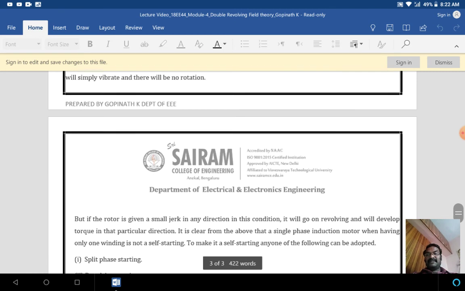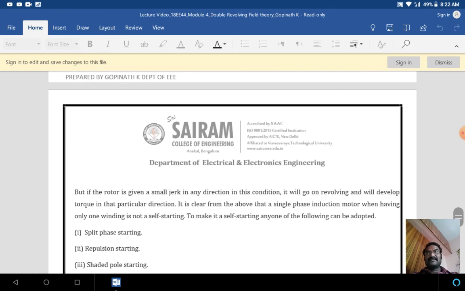But if the rotor is given a small jerk in any direction, it will start revolving in that direction and will develop a torque. So it is clear from the above that a single phase induction motor, having only one winding, is not self starting. To make it self starting, any one of the following can be adopted.